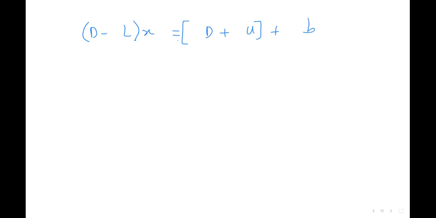Sorry, let me not add omega now. I want to add it to make it color. So we have omega, 1 minus omega, omega of D, omega here.